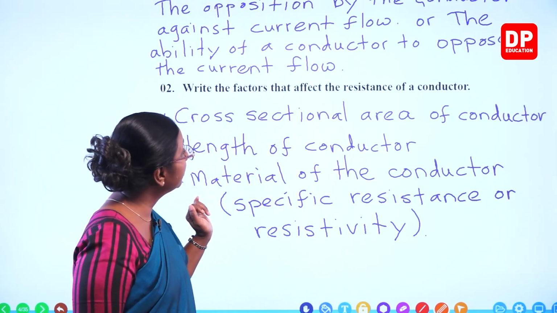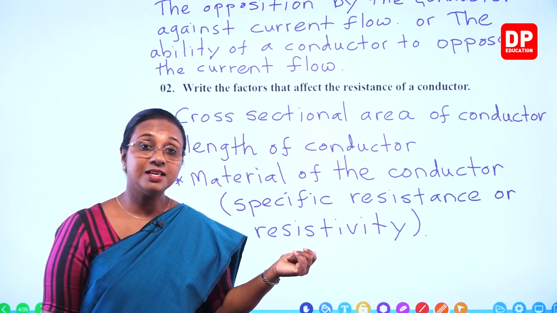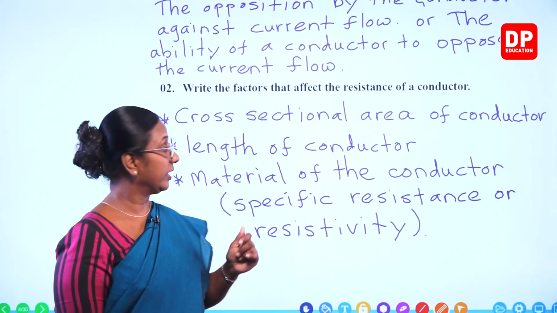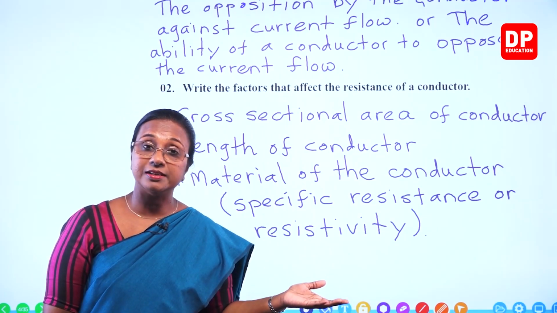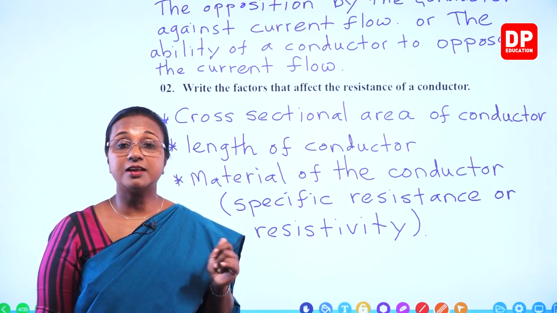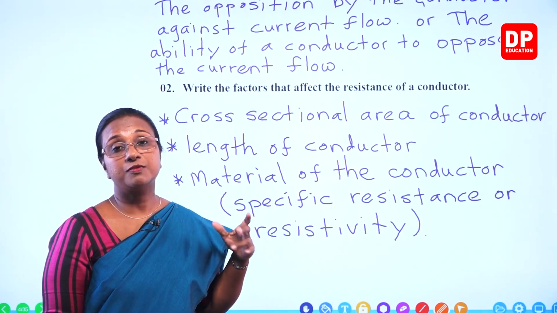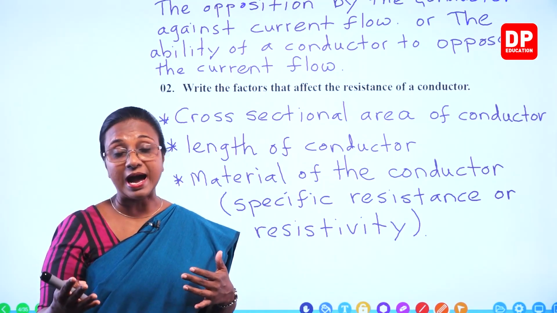So, how do they affect the resistance? When cross-sectional area increases, resistance decreases. More current will flow through it. When length of conductor increases, resistance also increases. So, therefore, less current flows through it. Then the material of the conductor, of course, if you take copper, copper has less resistance compared to iron.